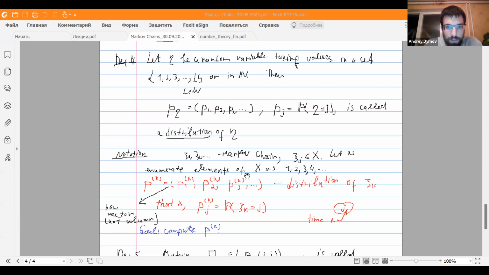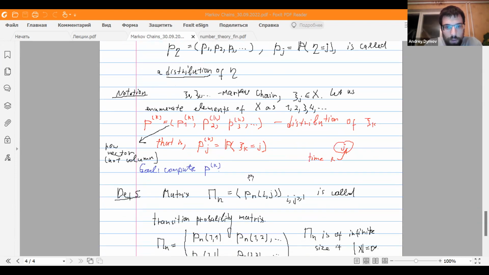And then let me call pk the distribution of the random variable xik. So here component number j of this vector is the probability that xik equals j. It means that this is the probability that at time k I am sitting at the position j.